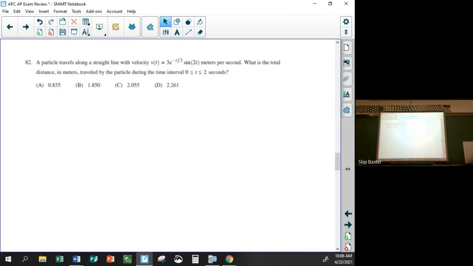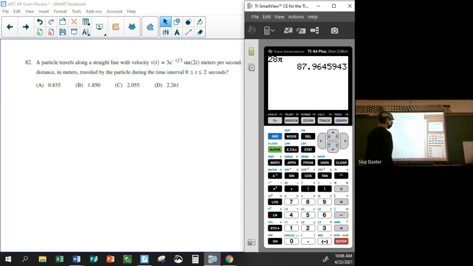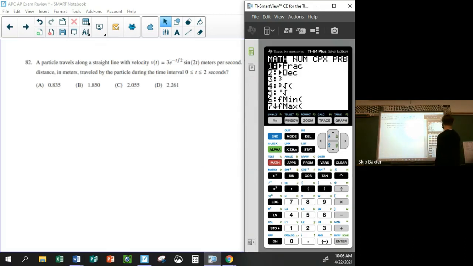So this is a calculator question. Use the e to the exponent, it's easier.